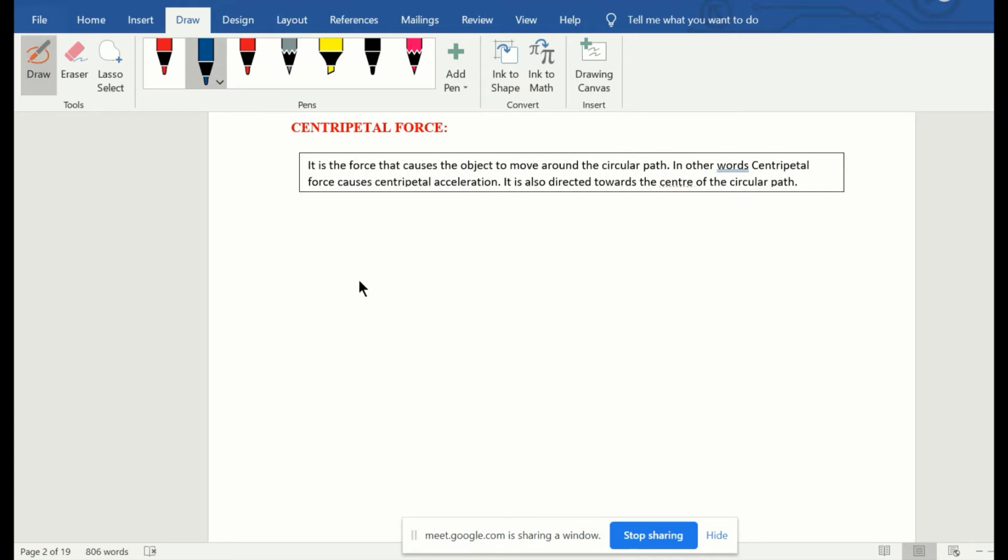Now we can derive a formula for this by using Newton's second law. With Newton's second law, we can derive an equation for centripetal force. And if you remember, Newton's second law states that a force is equal to ma. Now, I can relate this equation to uniform motion. I can call this the force, then I call this the centripetal acceleration, a subscript c.